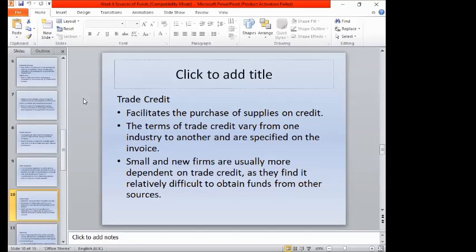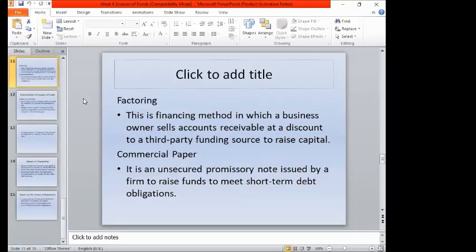There is a specified period of time, especially if it is a short-term credit, it should be paid within a 1 year period. Okay? You are purchasing raw materials or supplies by means of terms that will be called trade credit.